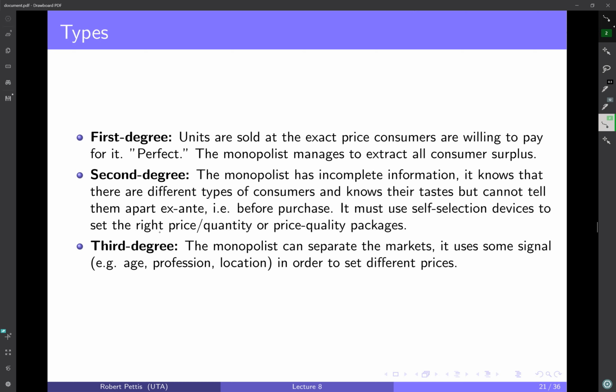Third degree, so monopolists can separate the markets. Okay, so you've probably seen a lot of this before. If you've ever used, for example, your student ID to get into the movies and pay a cheaper price, that's third degree. You have something that can prove who you are, and you can get a lower price.